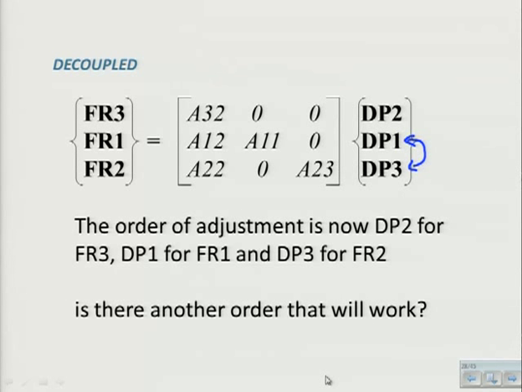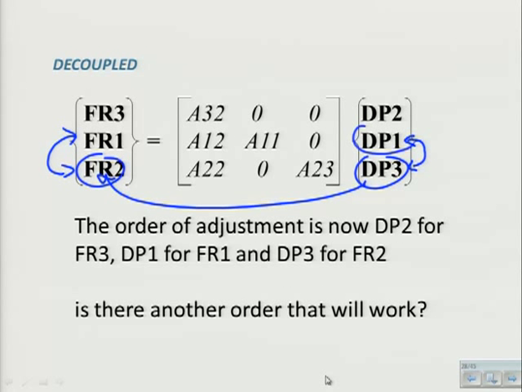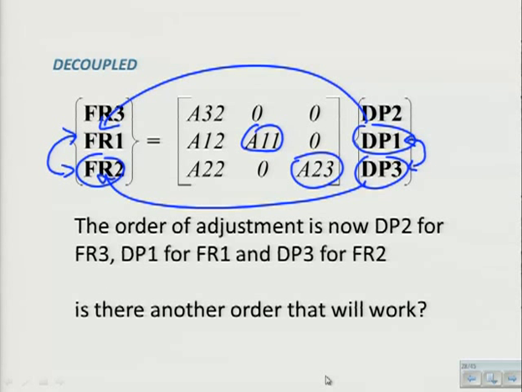If I switch those two and these two both, it still is a triangular matrix. I'm still adjusting DP3 to fix FR2 and DP1 to fix FR1, but because they're each only influencing one FR, I won't have to iterate.